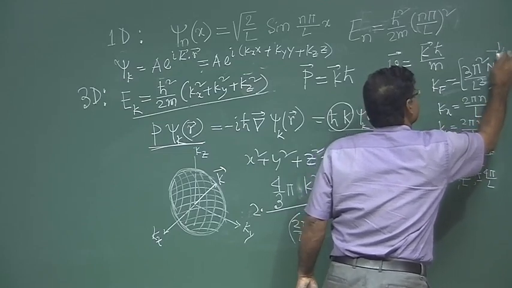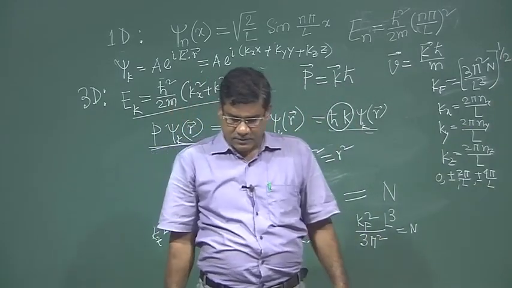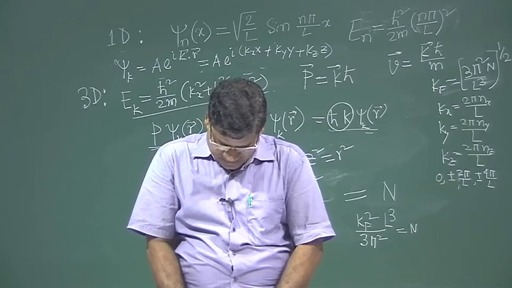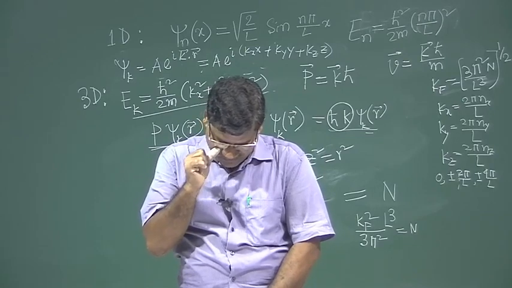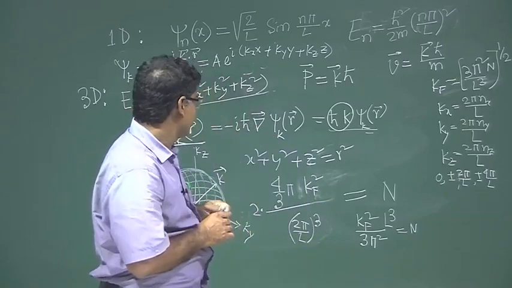So, I think that is the value of kf, 3 pi square n by v.